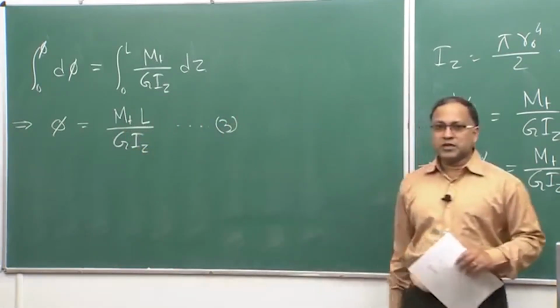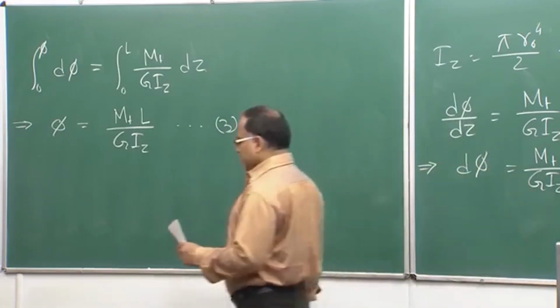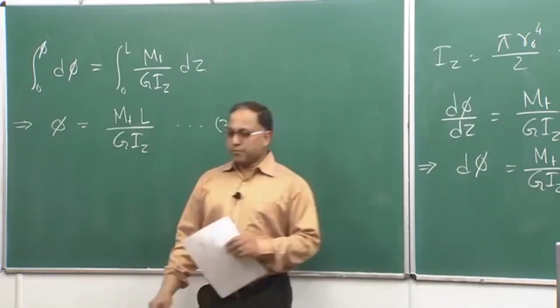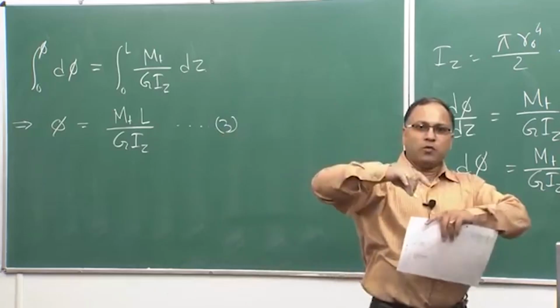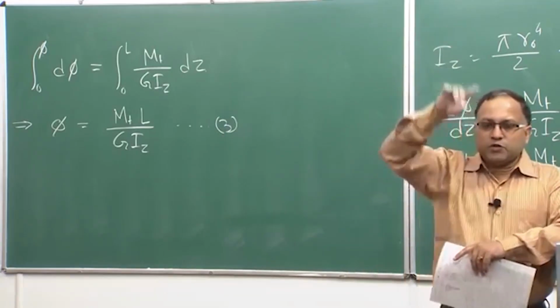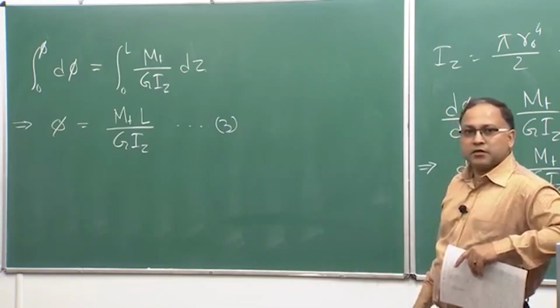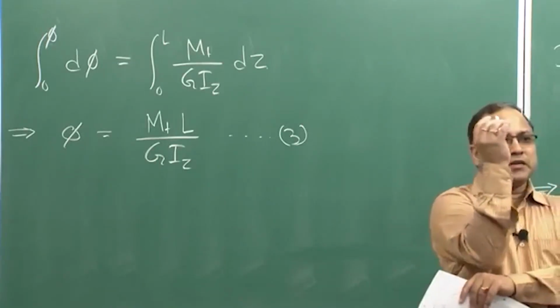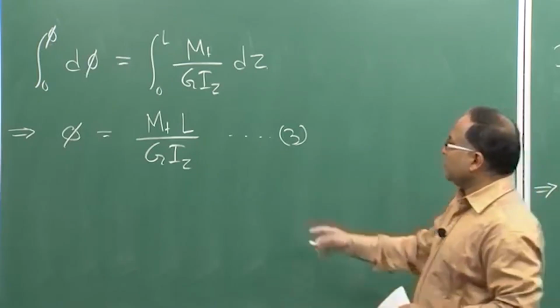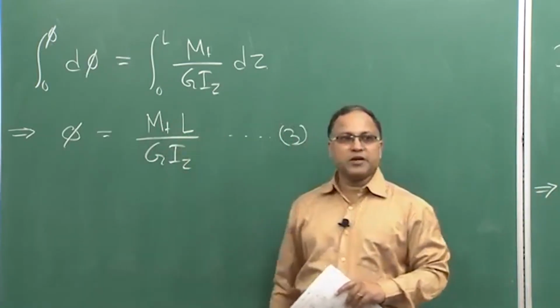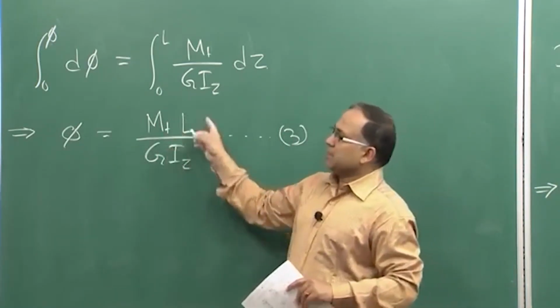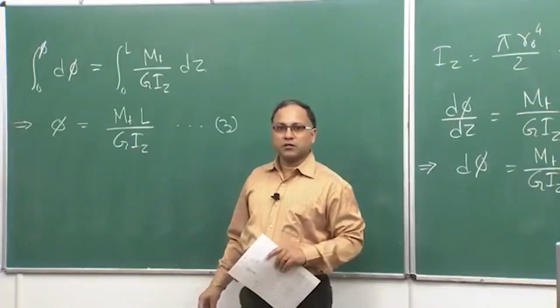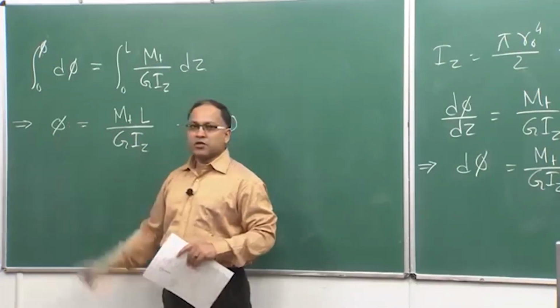I am getting the angle of twist between the two ends, the bottom end and the top end. If you want to find out how much twist is happening in that slender member due to the application of this twisting moment mt, then this is the expression for finding out the twist.